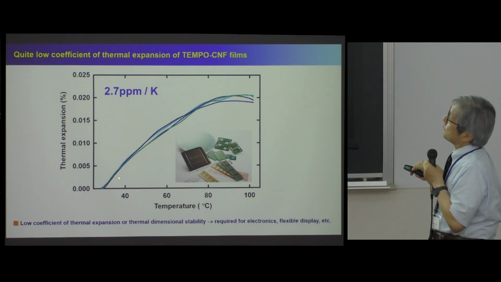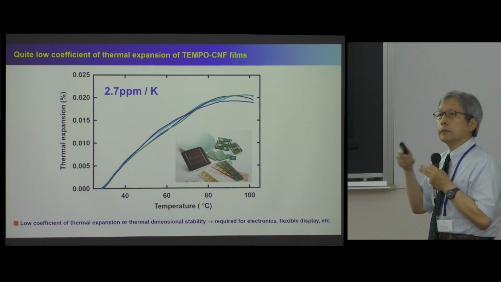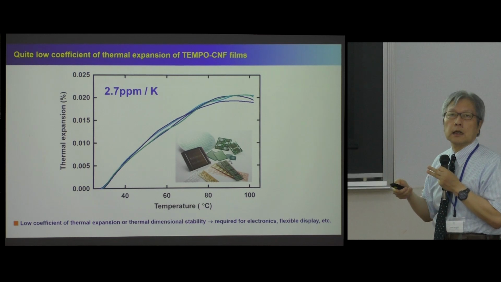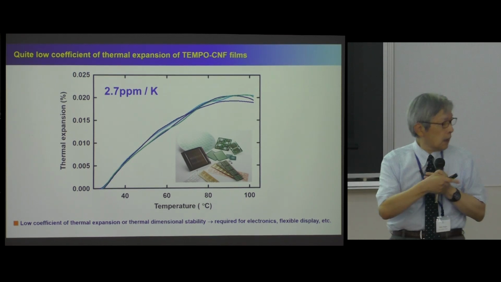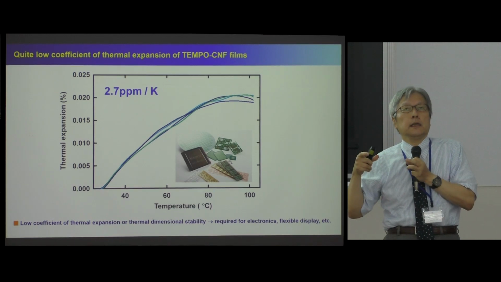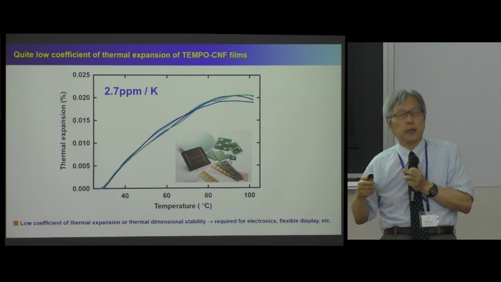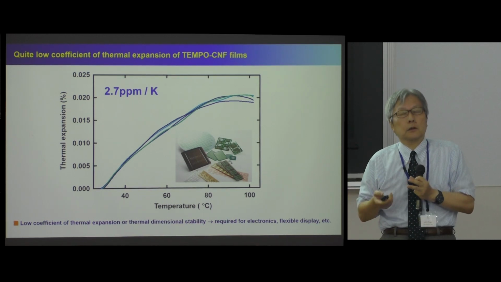That's the reason it can be used as a lightweight electric board in place of silica particles. Now our PCs or smartphones contain so many electric boards consisting of silica particles. It will cause heavy weight.